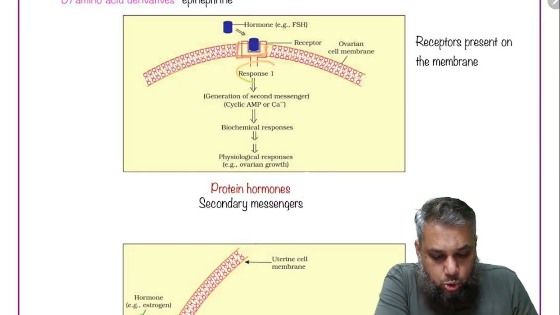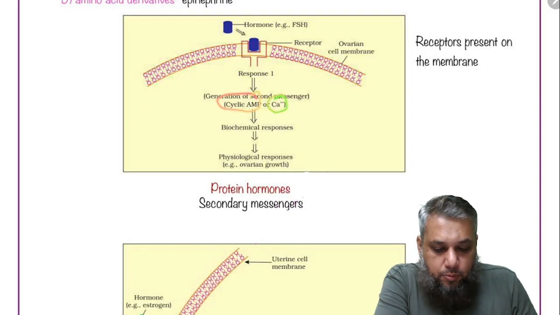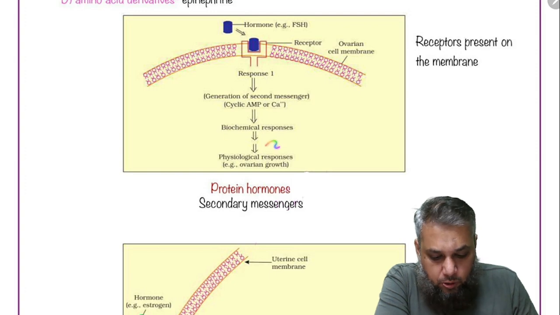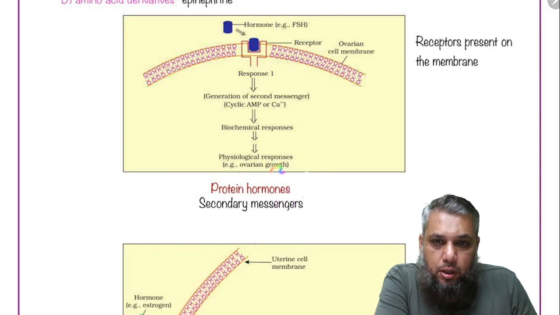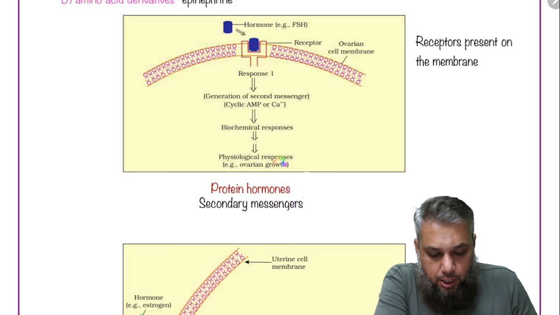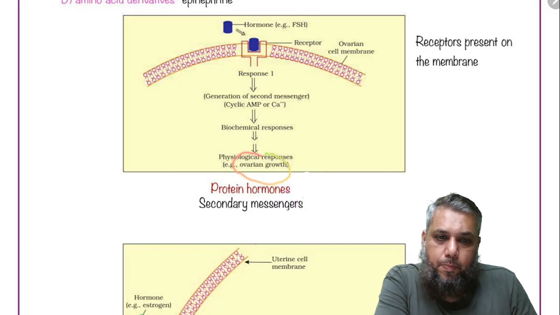That will cause response 1, and that response 1 will result in the formation of a secondary messenger like cyclic adenosine monophosphate, calcium, inositol triphosphate, जिसके वजह से biochemical responses होंगे, and then the biochemical response will ultimately result in a physiological response. Like for example, in the case of FSH, it is the growth of the ovaries.